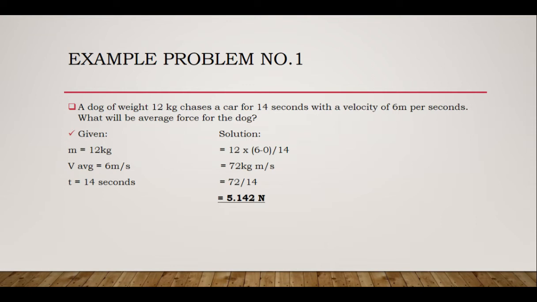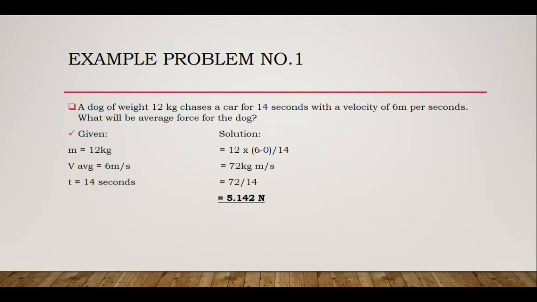So now this is the formula: average force equals mass times final velocity minus initial velocity over time. So 12 times 6 minus 0 divided by 14 seconds. So 12 times 6 is 72 kilogram meters per second.